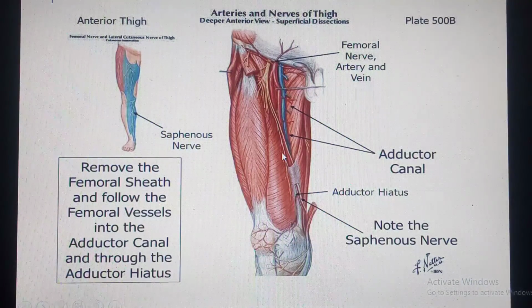If you block it, then the distal aspect of the femur won't get sensory supply, as well as the knee area together with the medial aspect of the leg, so that you can go through the surgical procedure successfully, without pain, to the patient. So that is that one for you.